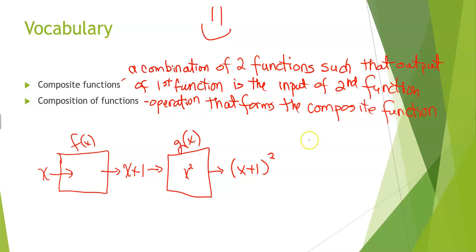So in this case, it would be g of f of x. So this is my composition of functions over here. I'm taking whatever I get out of f of x, and that becomes the input for g. The output of this becomes the input of this.